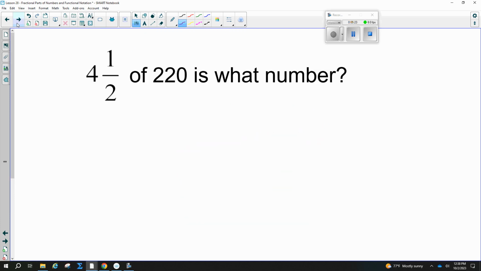4.5 of 220 is what number? Everybody try to write down the math equation, and then see if you get it right. Hopefully you did: 4.5 of means multiply, 220 is means equal, what number?